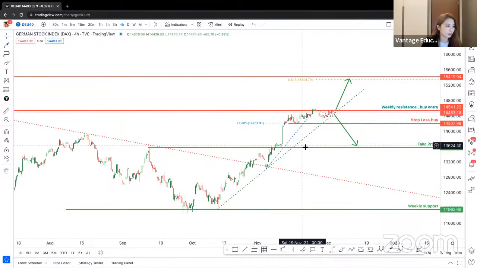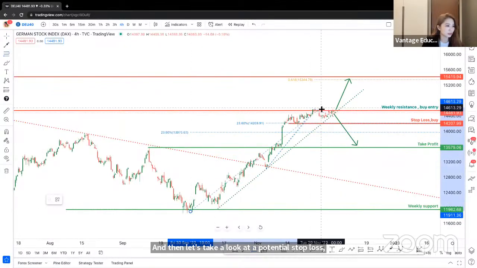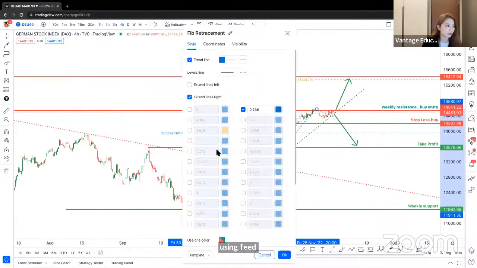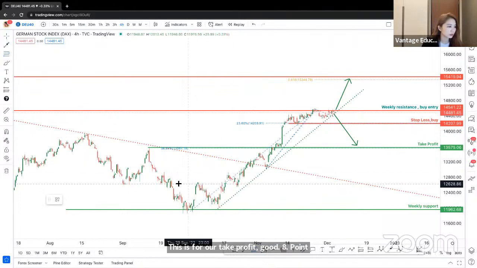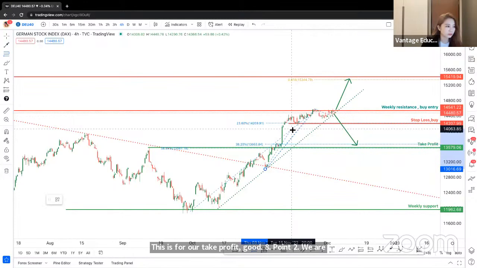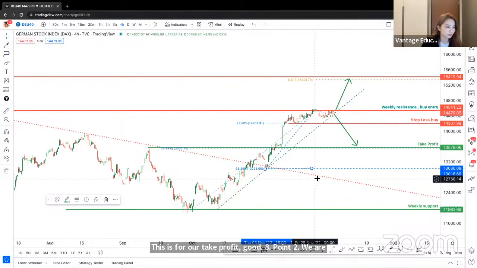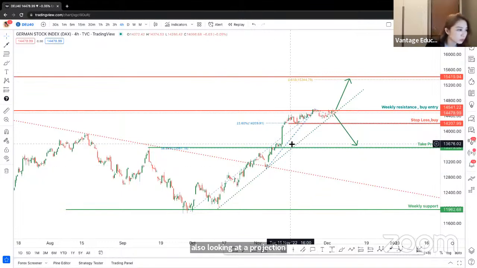And then let's take a look at a potential stop loss using fib. This is for our take profit, 38.2. We are also looking at a projection. Give me a moment.